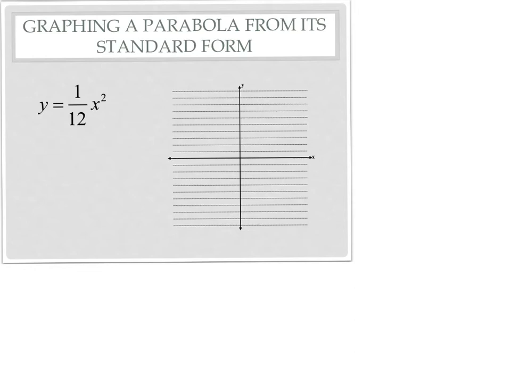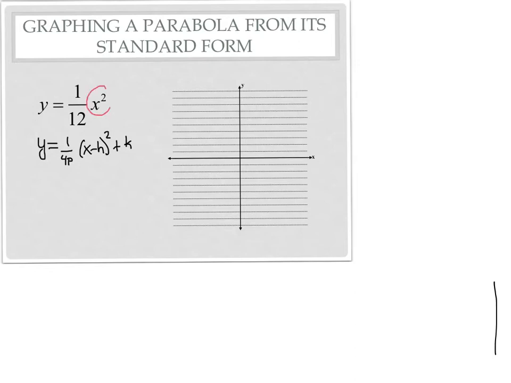Okay, so we're going to go ahead and graph a parabola. This is our second example. I notice right here that I have y is equal to, so we have this format: y is equal to 1 over 4p (x minus h) quantity squared plus k.